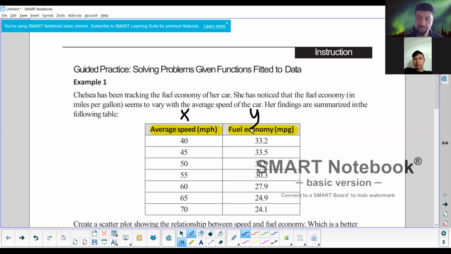Marcus, by looking at the data, what do you notice as you go higher in speed? The number gets lower. Yeah, the number gets lower. And sometimes this is true of older cars. Newer cars, they design them to be attuned to the speed. But with an older car, the speed limit on a lot of highways used to be 55 miles per hour.